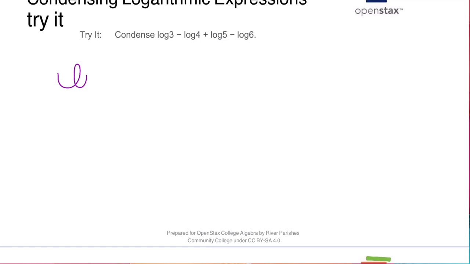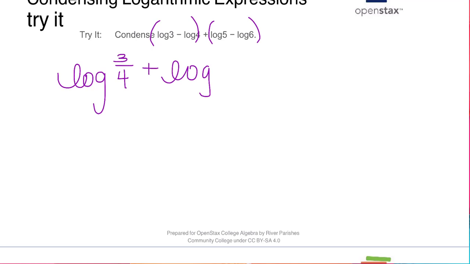So if I'm going to write it as one, I can take these two and then take these two. The log 3 minus log 4 is a quotient. We're going backwards, so it was subtraction, so to write it as one, we write it as a quotient. So it'd be log of 3 divided by 4 plus log of 5 divided by 6.